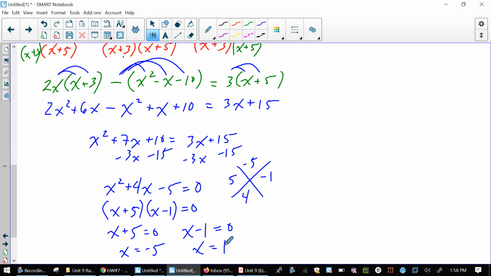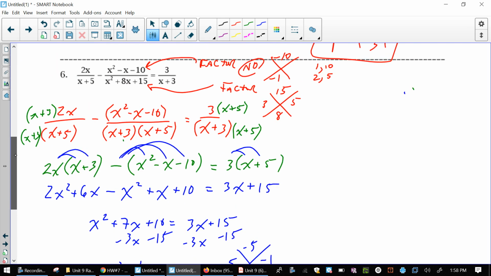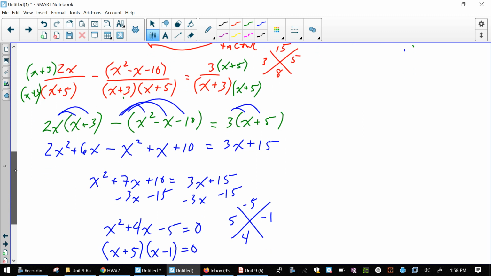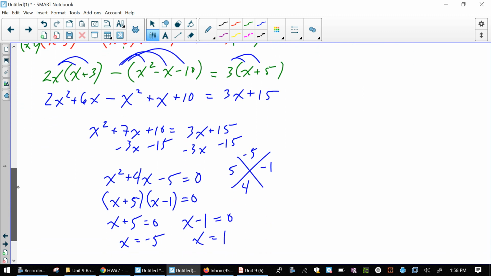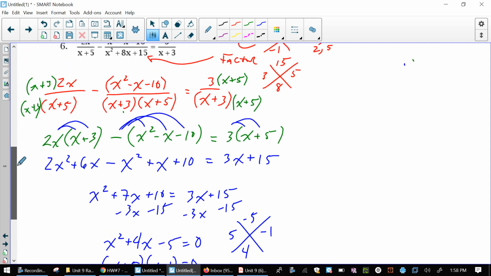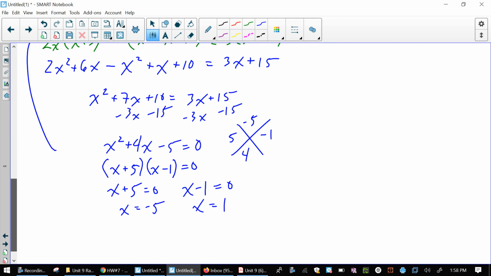Now again, we need to check these back into our original denominators, and I like to check in factored form. Check it out. Here we have a solution of x equals -5. When you plug that in all the way up into this denominator, right here, this is where we're going to get an issue because you plug in that negative 5 plus 5, that equals 0.